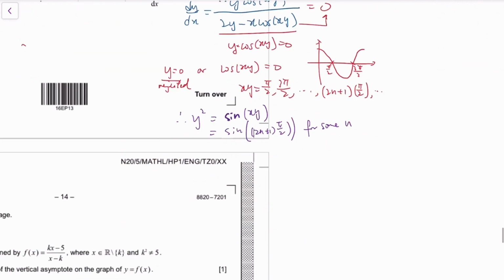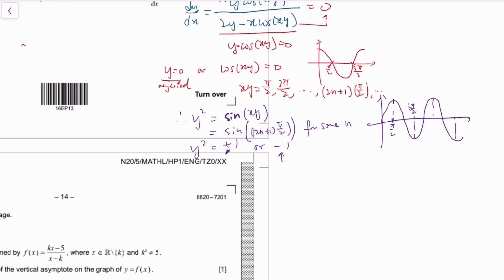Okay, if you look at the graph of sine, where are the odd multiples of pi over 2? It's here, here, and so on and so forth. So when those happen, it will be either plus 1 or minus 1. So y squared is either plus 1 or minus 1.